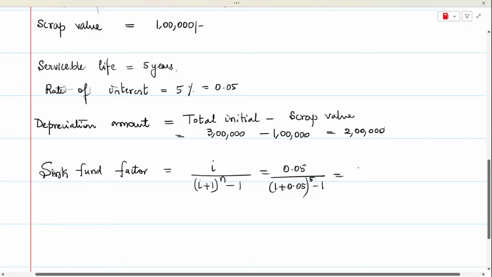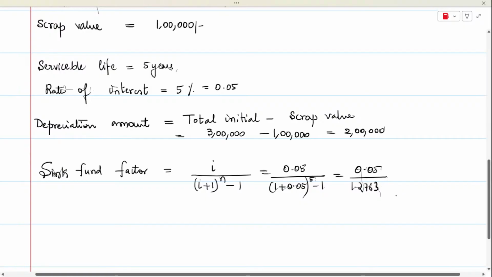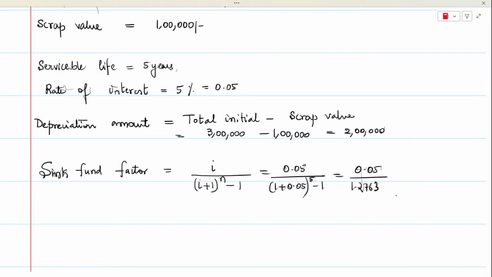So this is 0.05 divided by 1.2763 minus 1.